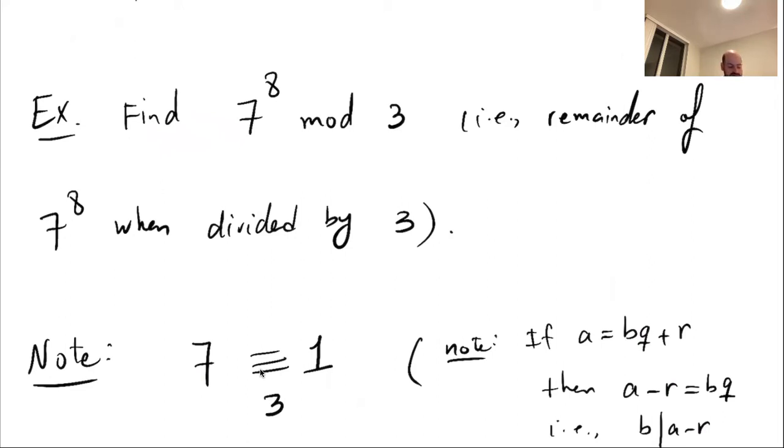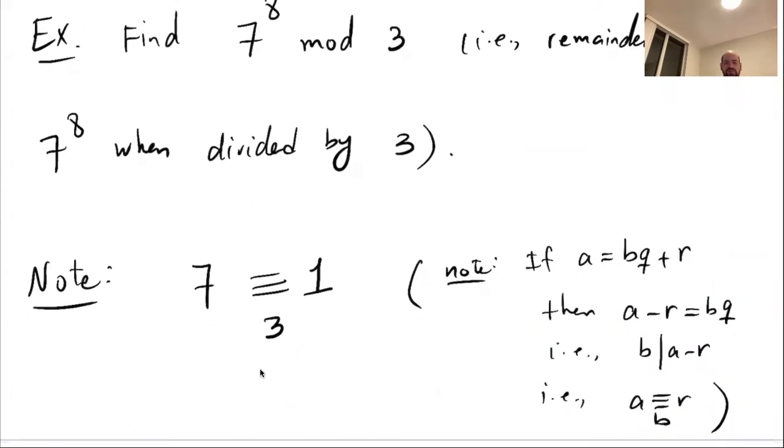So here I mentioned a general fact: if you divide A by, let's say, number B and you get a remainder r, then A and r, the number and the remainder, are always congruent to each other mod the divisor. Why is that true? Well, let's assume you have a number A and you divide it by B, you get the remainder r. So what does that mean?